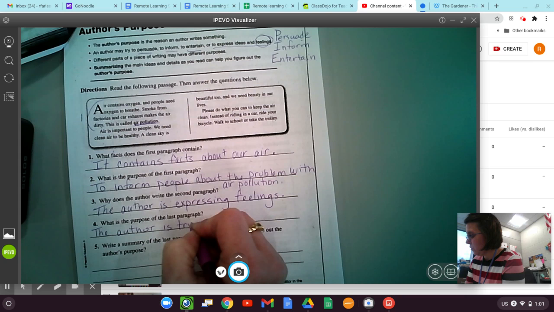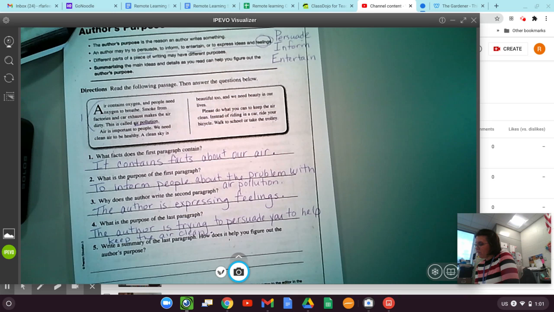All right. Write a summary of the last paragraph. How does it help you figure out the author's purpose? The last paragraph, again, we just read it. Please do what you can do. Basically, that paragraph is about wanting to keep the air clean and use transportation that doesn't cause air pollution. So write the summary, and then we'll do the next one.